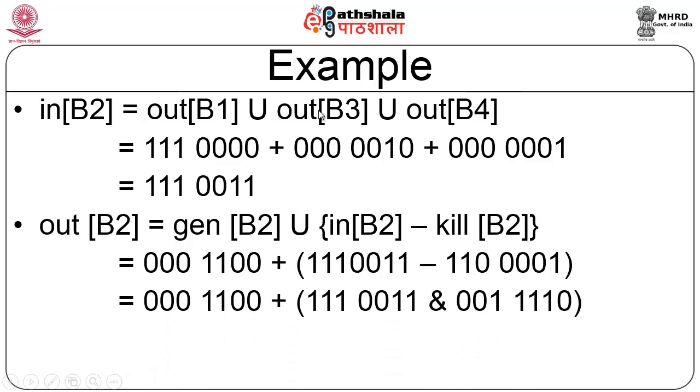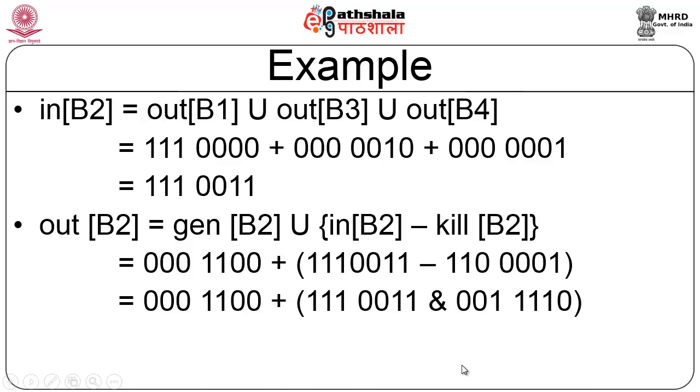Now, how do I compute this? I have to OR this, but before that I have to do this subtraction. A minus B is A intersection B complement, okay. So, A intersection is the AND operator, and B I have to complement. So, it is nothing but just take the complement of this bit string, which is 1100001, it will be 0011110, that is change the zeros to ones and vice versa.